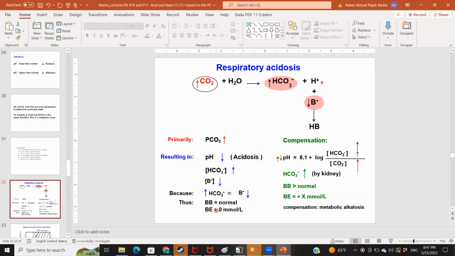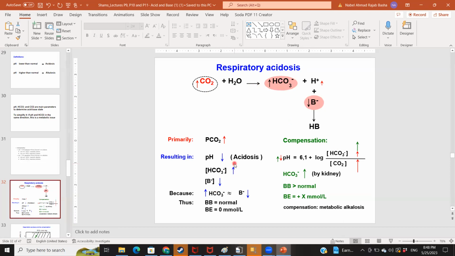And if you want to know the physiology of it, let's go back to the equation. As we have an increase in CO2, it binds to water and forms bicarbonate and hydrogen. Hydrogen in turn is going to bind to other anions, other bases that will accept it, and bicarbonate is still here, and it will increase even more because the kidney takes part in the compensation.